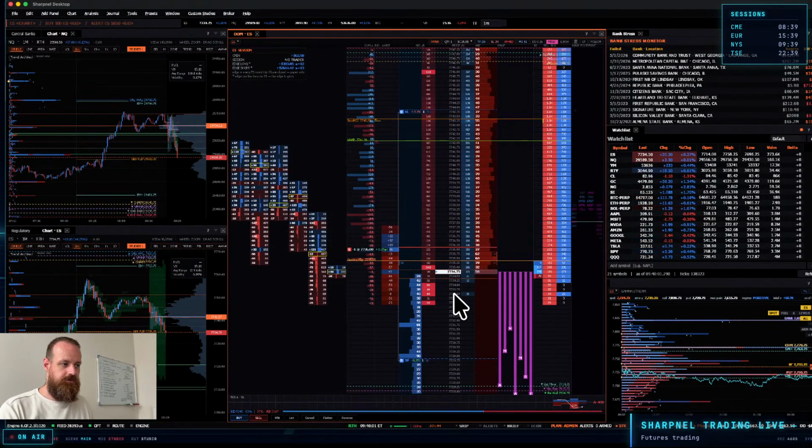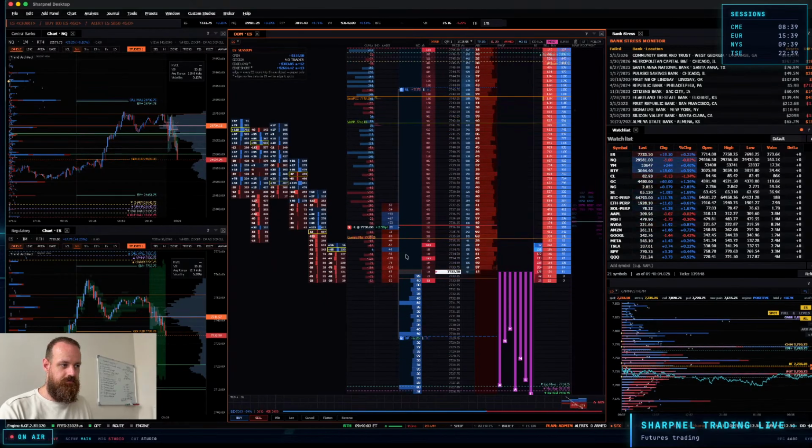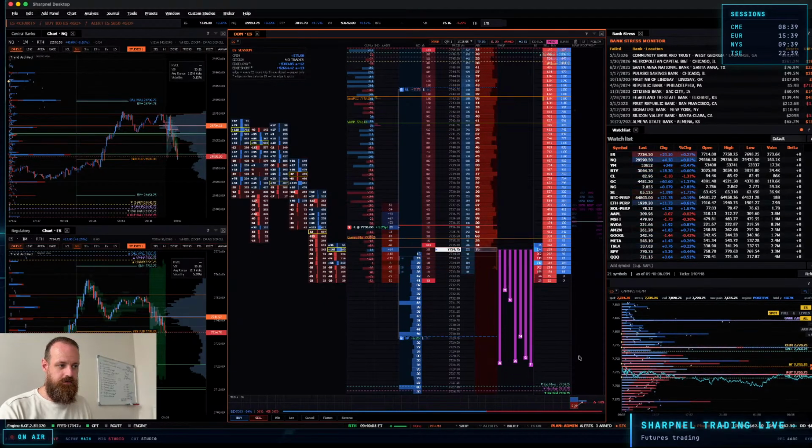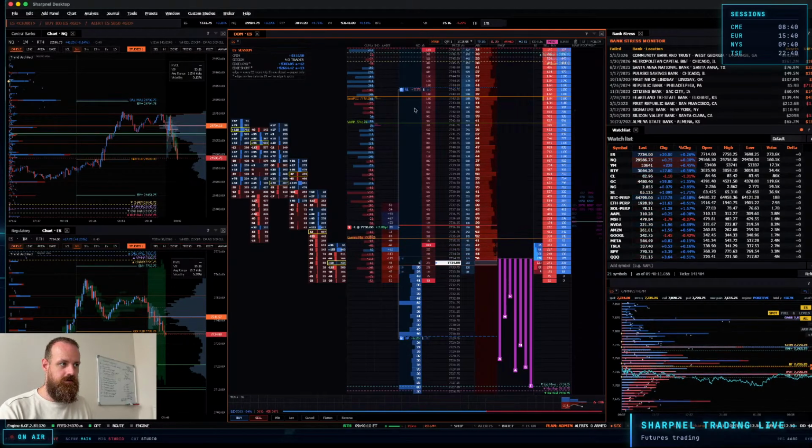Now, this trade is tricky because we are at the GEX flip, but we just surpassed it and we have the Mag 7 pulling its weight down as well.